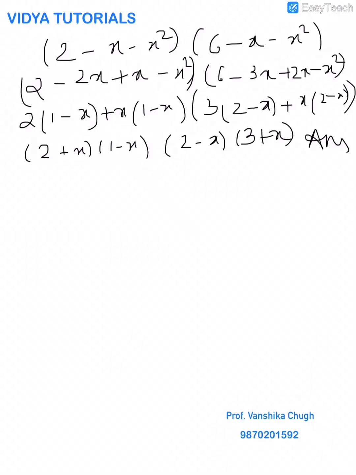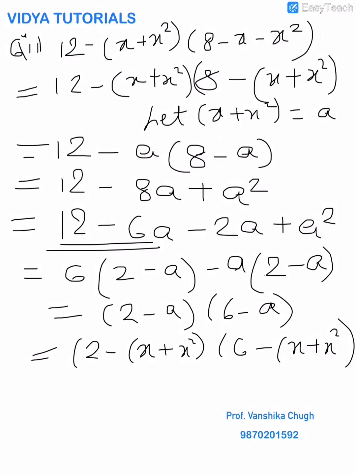Let us just have a brief recap of what we have done. So here my question was 12 minus x plus x square and 8 minus x square. First I took a minus sign common, and I assumed this whole thing to be a. I got a trinomial 12 minus a into 8 minus a, where I multiplied and got my trinomial which can be factorized by splitting the middle term.